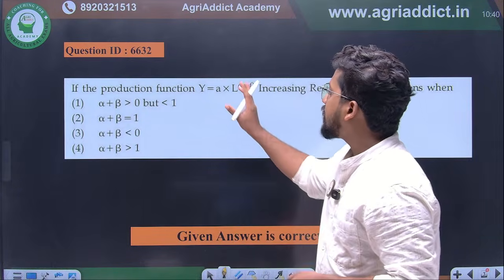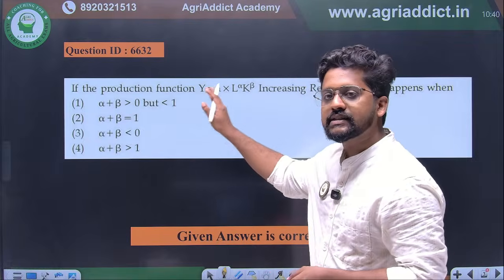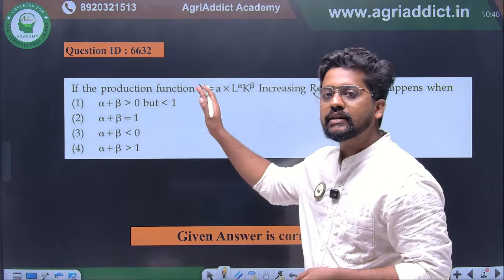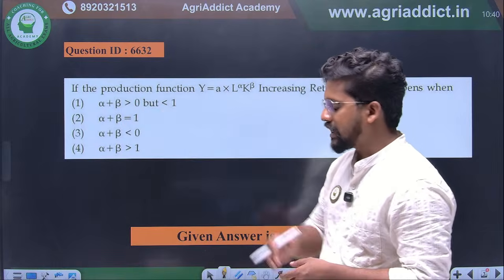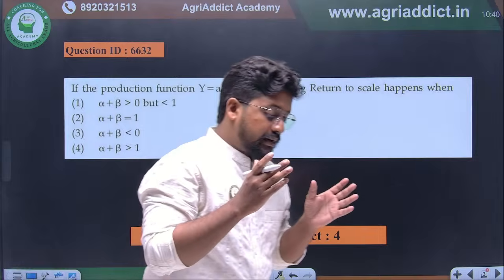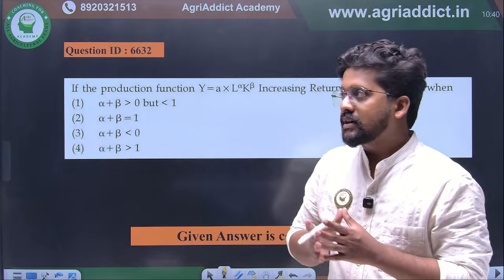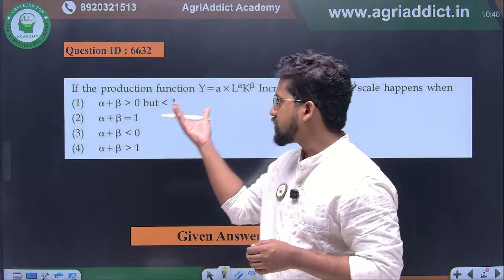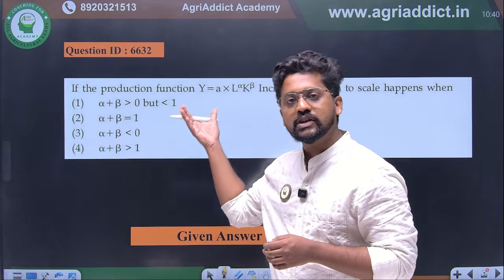We have some other coefficients here like A, which is your technology coefficient. Alpha and beta are the output elasticities. This is the general format of a Cobb-Douglas production function.